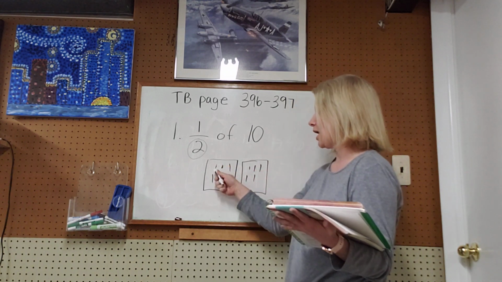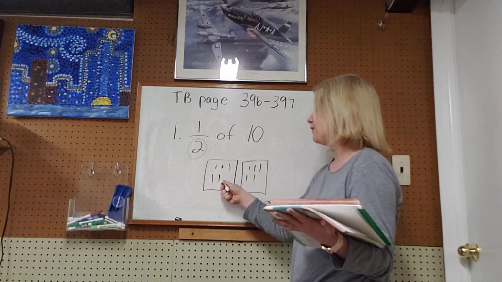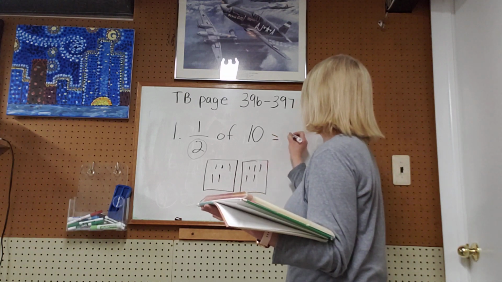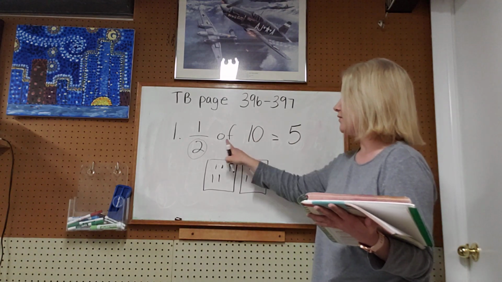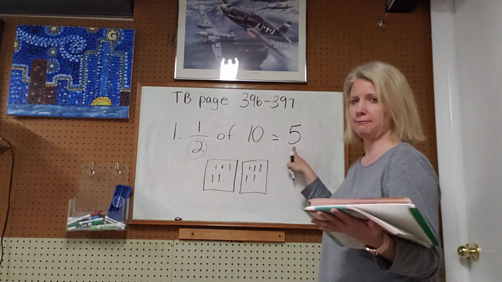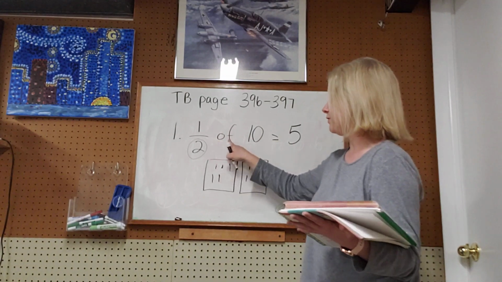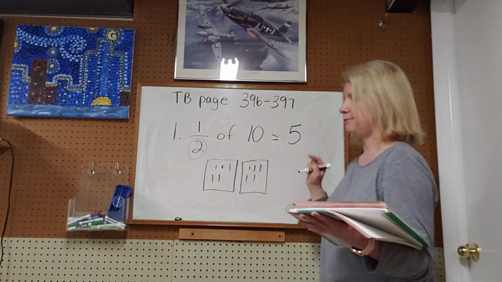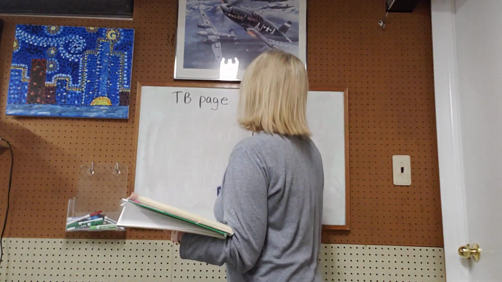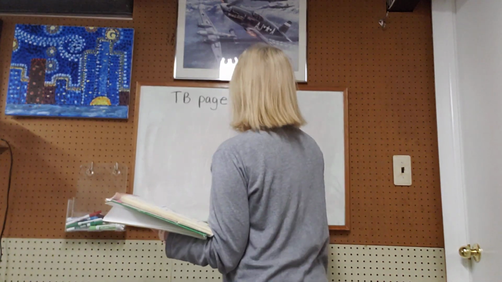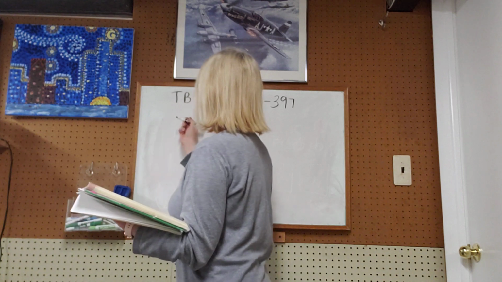And then you can see I have 1, 2, 3, 4, 5 in each of my groups. So 10 divided by 2 is 5. Or 1/2 of 10 would be 5. Let's look at another one. Number 2.